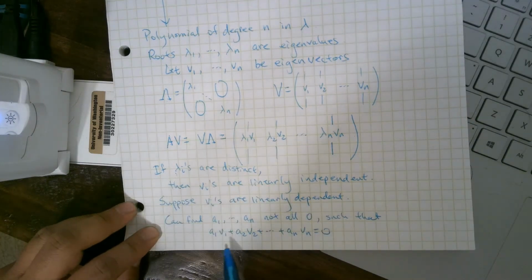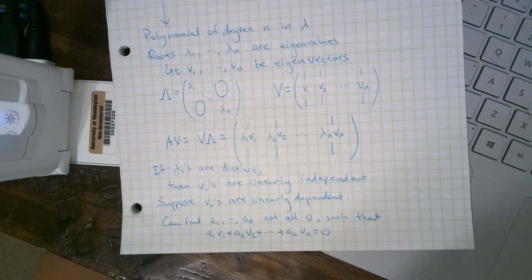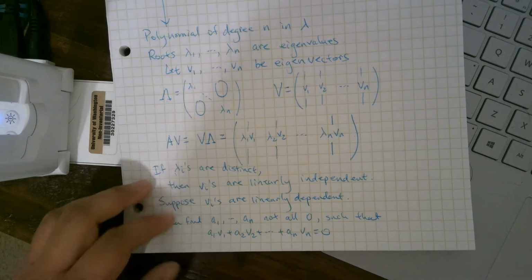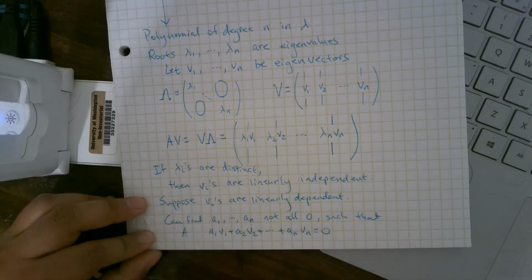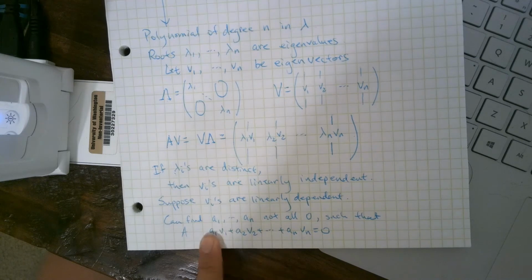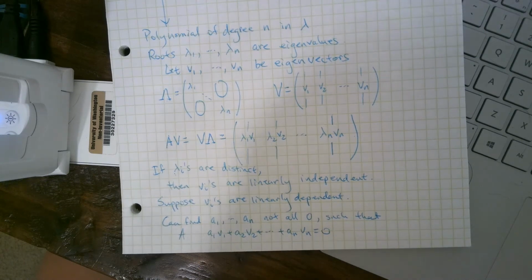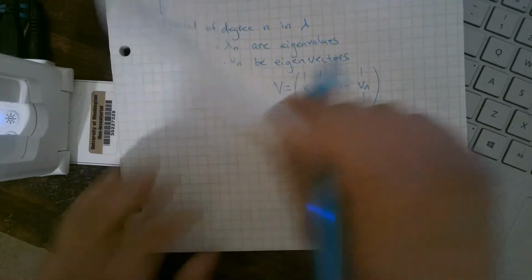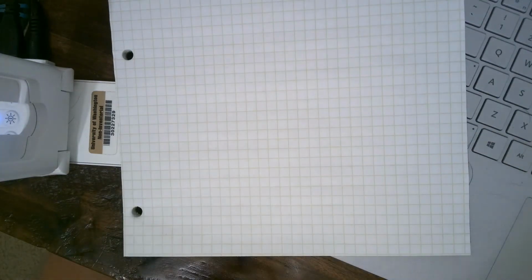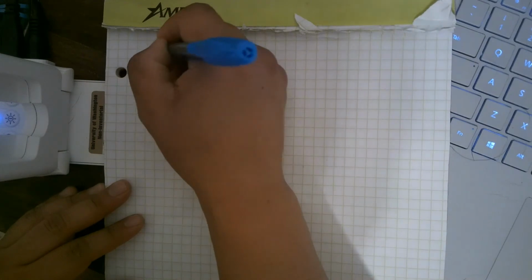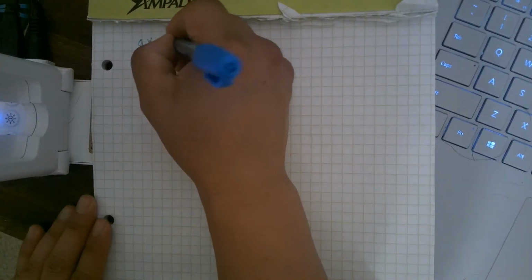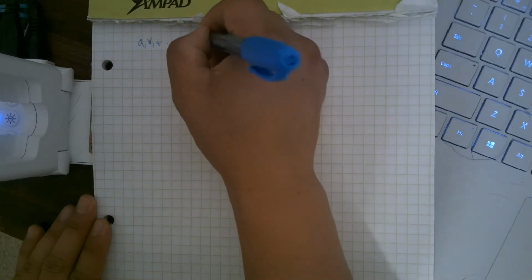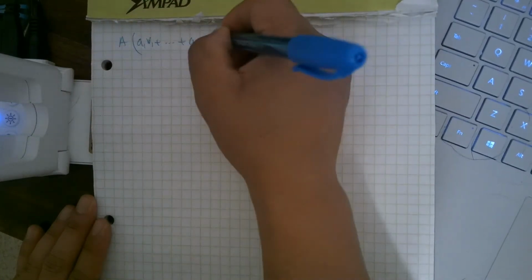Okay, we're going to take this equation and we're going to apply A, the big matrix A, on the left. So on the right-hand side, it'll be A times 0, which is 0. Okay, what happens to that? Let's write this out again. a1 v1 plus all the way to an vn, and we're going to apply the matrix A on the left.